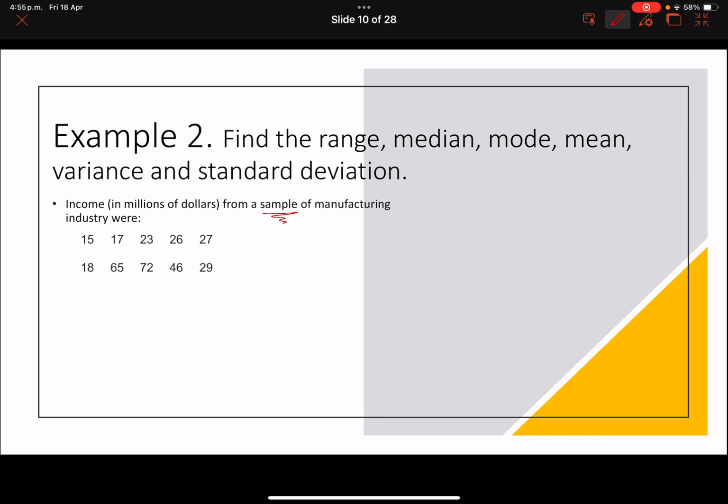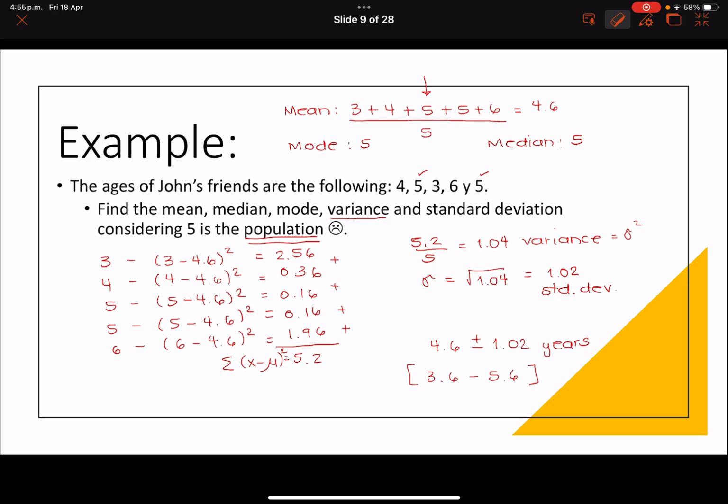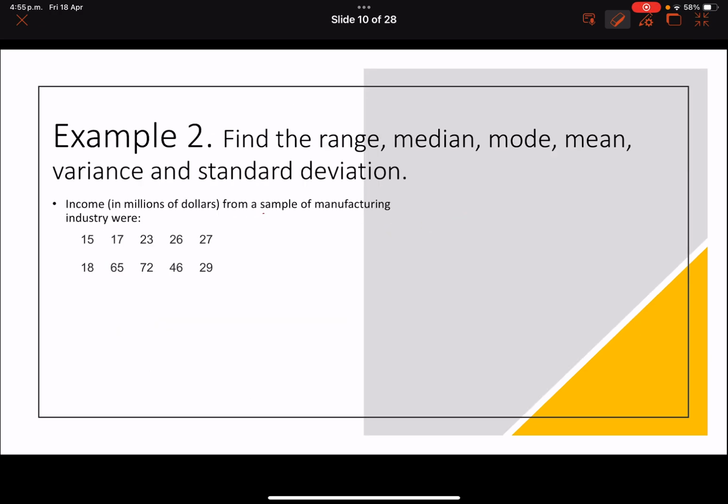Again, I'm just going to put it in order, from smallest to largest: 15, 17, 18, 23, 26, 27, 29, 46, 65, and 72. I have an n of 10, but an n minus 1 of 9 because we're talking about a sample.